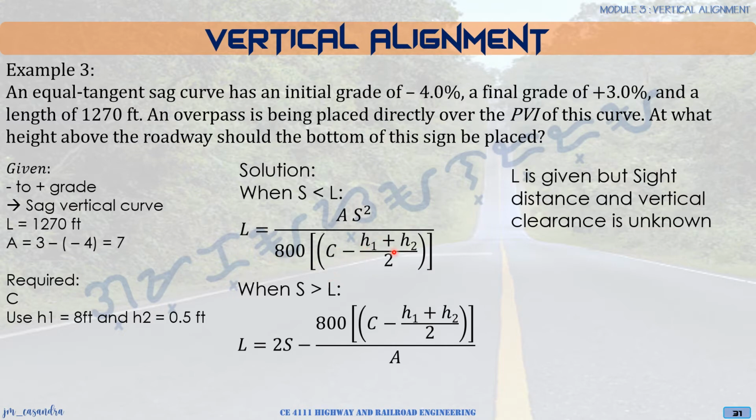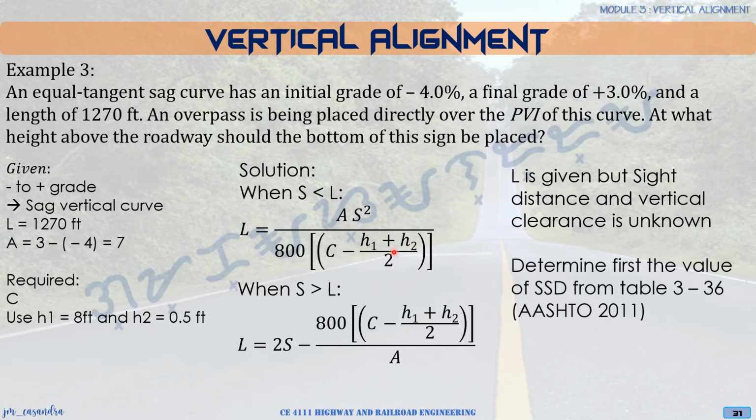So to solve here, we have to determine first the value of our stopping sight distance from Table 3.36 of the AASHTO 2011 manual. Okay, so with that, to use the table, we have to solve for the value of K by using the equation L equal to K times A. So we know L, we know A. So just substitute the values.